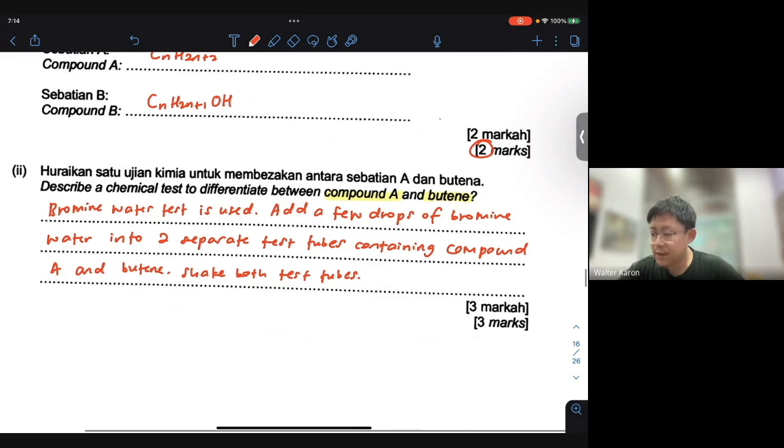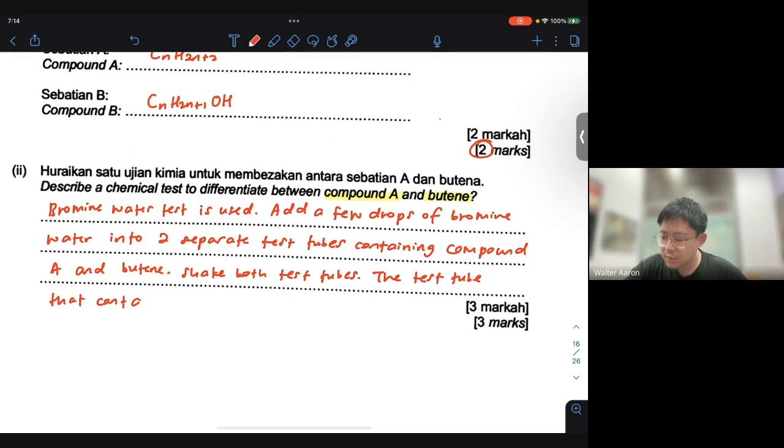So you see over here that the test tube that contains butene decolorizes, but the test tube of compound A remains brown.